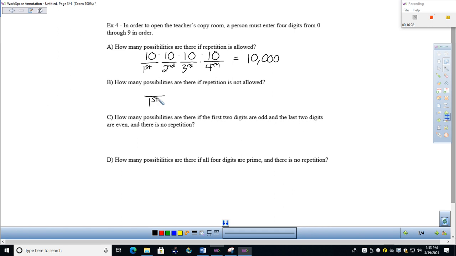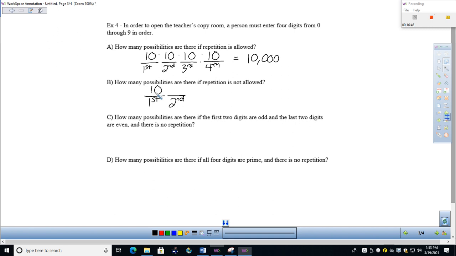Again, really no special conditions that we've got to deal with first. Your first task is still to punch in that first digit, and I would still argue that there are 10 possibilities. It could still be anything from 0 to 9. So this one is now set. So when I go to punch in the second one, I know that the second one has to be something different than that first one.